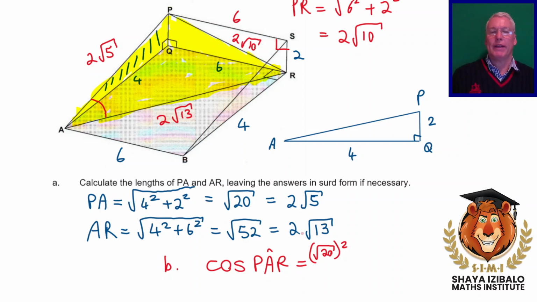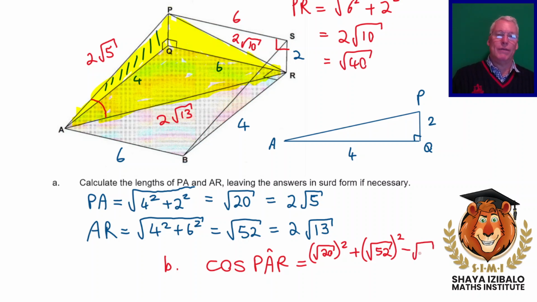And then the other side that makes the angle, the square root of 52, we're going to square that. Minus the one opposite the angle we're trying to find, which we said was 2 root 10, the square root of 40, also squared, all over twice the product of the two sides that make the angle, so not squared. In other words, just that side times that side, root 20 and root 52.